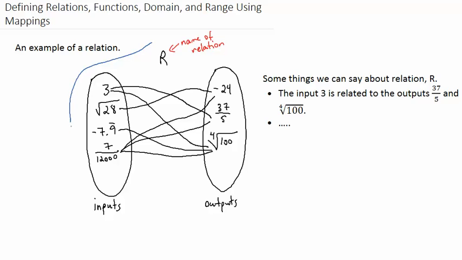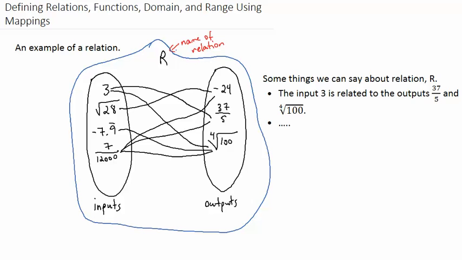This picture, this entire diagram altogether, is called a mapping representing the relation R. Sorry about that, not B, but the relation R. So a mapping always shows the inputs, the outputs, and simply connects the inputs and outputs that are related.